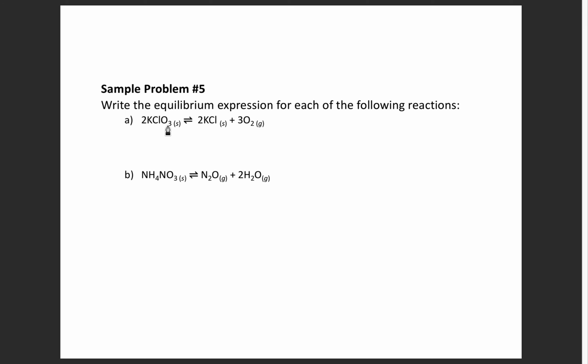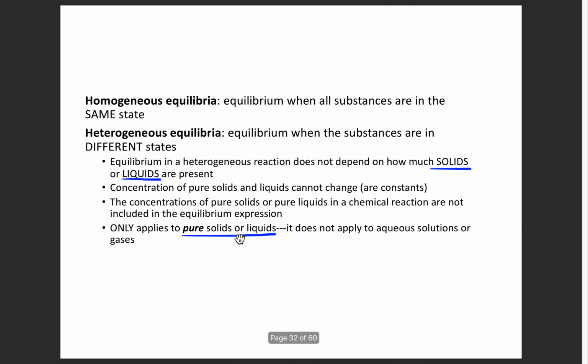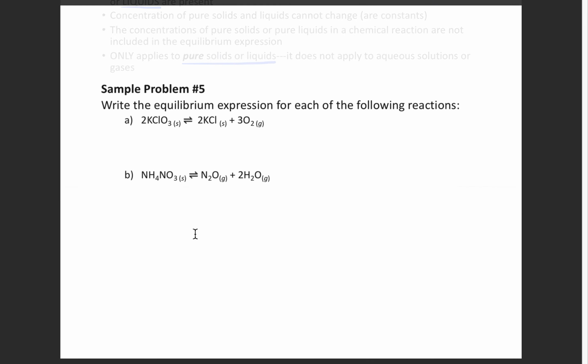However, keep track of the phases here. We already said in the last slide, solids and pure liquids don't get included in the expression. So this is a solid, so we're going to ignore this. This is a solid, we're going to ignore this. So essentially, our entire expression is going to be created based on this product alone.